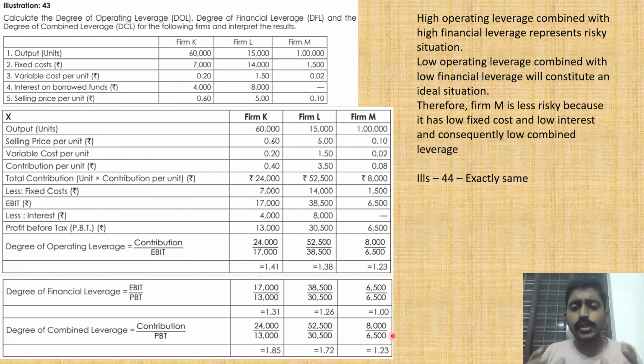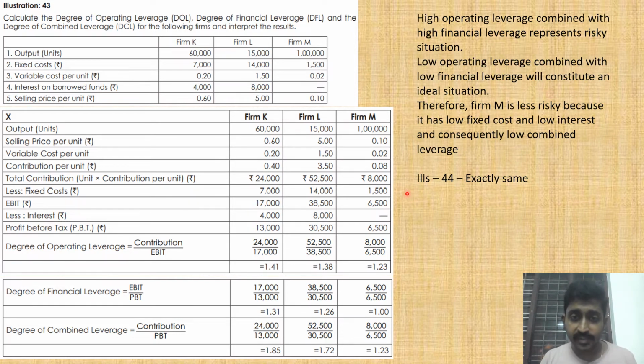Okay, so what is the crux? We need to understand the concept of leverage with this problem. High operating leverage, which means a high fixed cost scenario, combined with high financial leverage, which means high interest burden, is very bad for the company, or it is very risky for the company. And low operating leverage combined with low financial leverage is a very ideal situation.